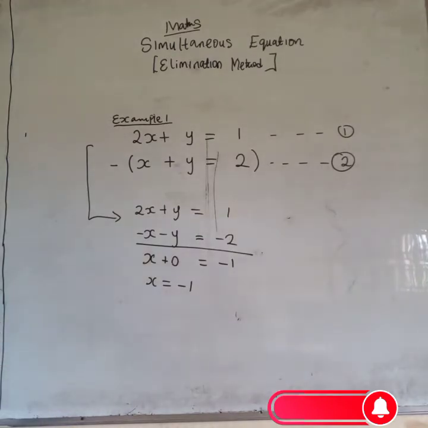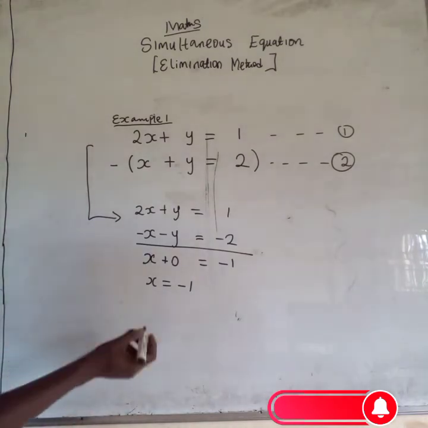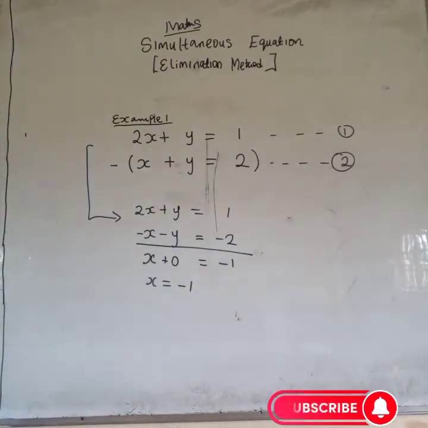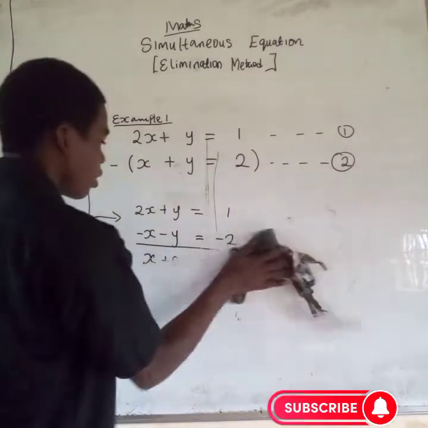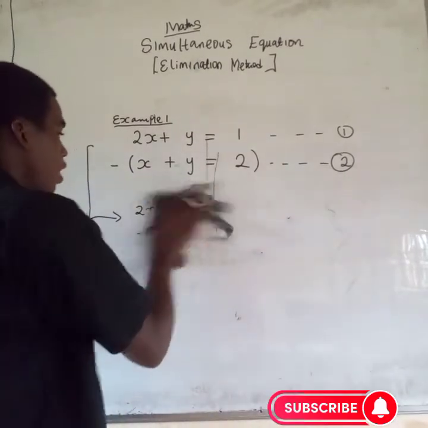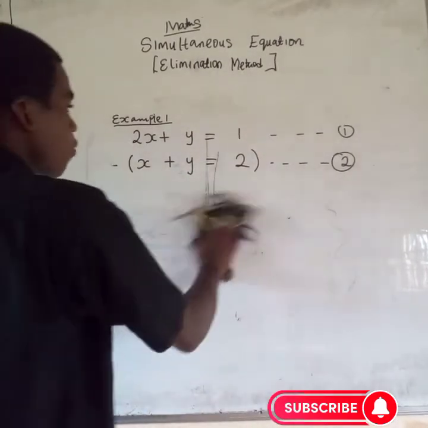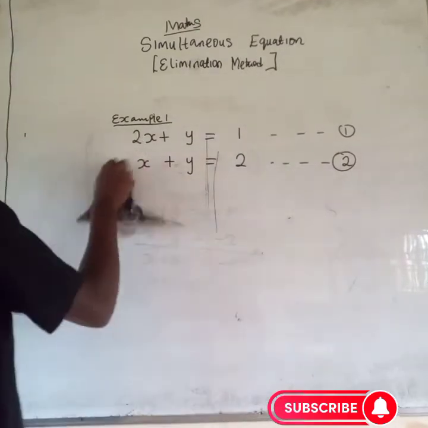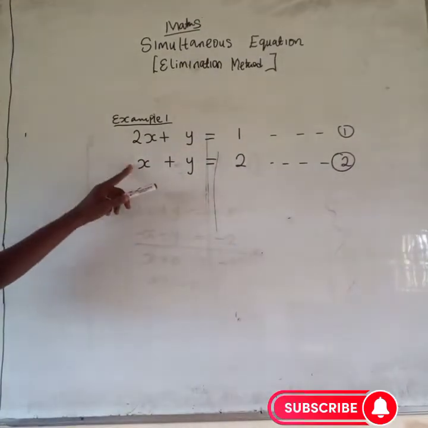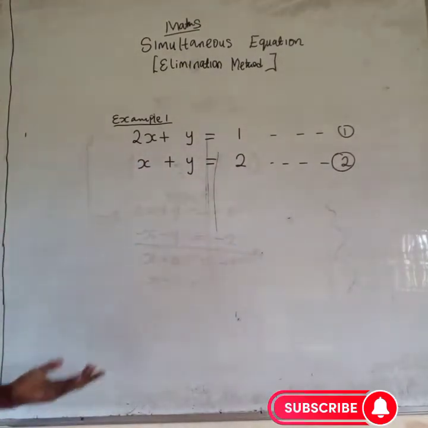Now, let us solve for y. That means x is equal to minus 1. Let's solve for y now. I told you, if we want to solve for y, what do we do? We are going to eliminate x, right? Now, what is the first step?